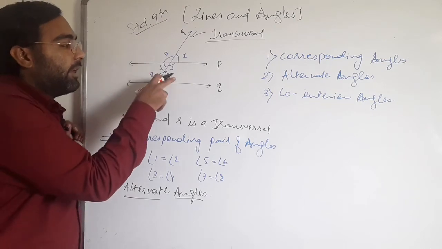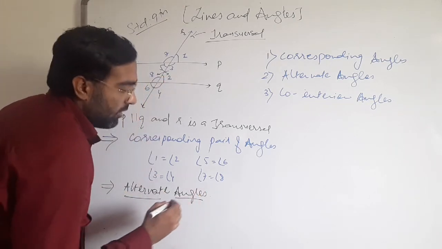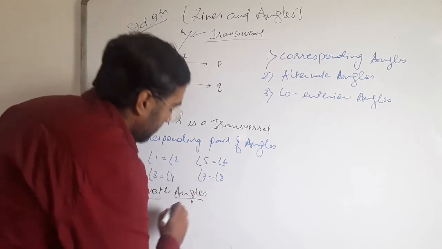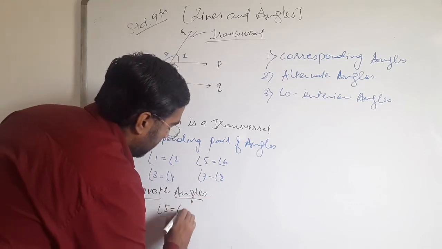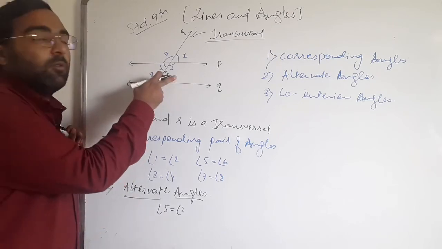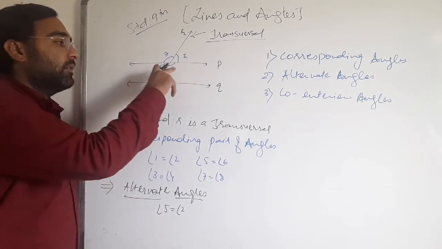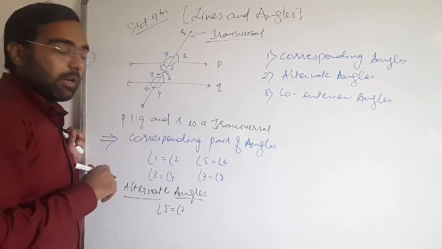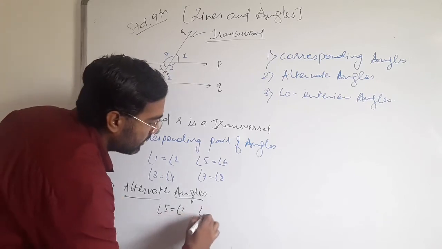So angle 5 and angle 2 are equal. Angle 5 and angle 2 are a pair of alternate angles, and 3 and 8 also make up alternate angles.